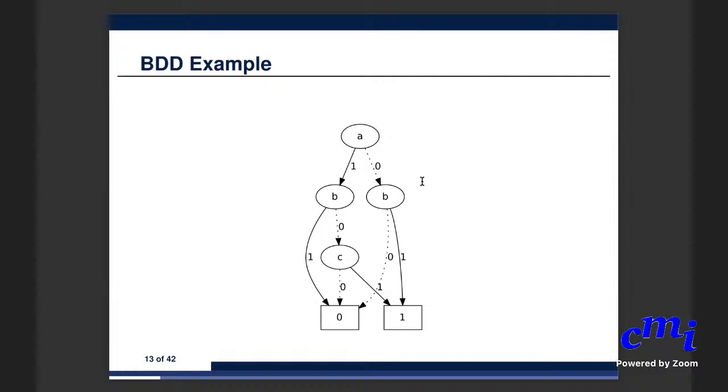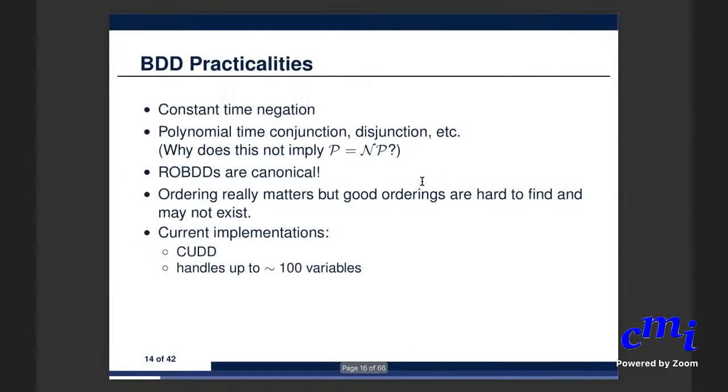If you happen to choose the right kind of ordering, then BDD representations are not only canonical, but can be very compact. Once you construct them, satisfiability checking is easy.